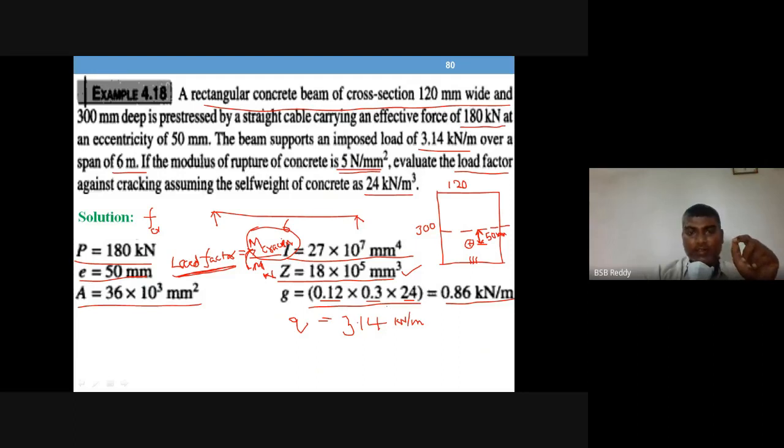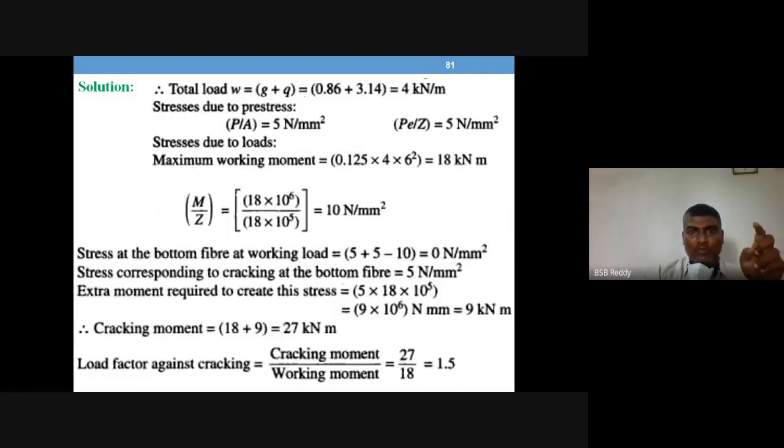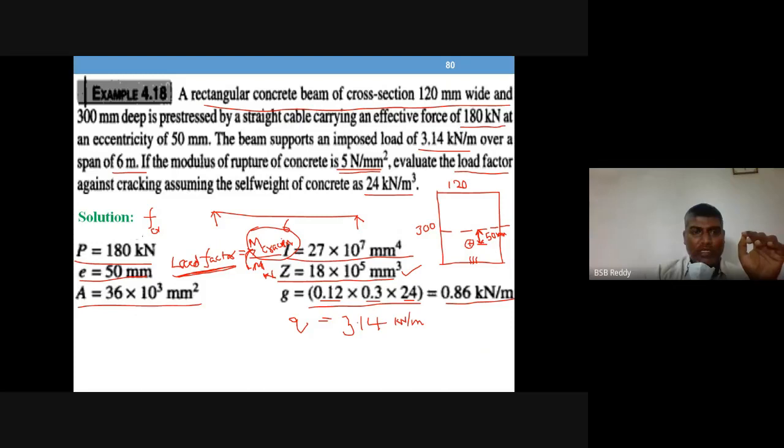Okay, right. So total load now 0.86 plus 3.14 is giving you 4 kilonewton per meter as the total load. Now stresses due to pre-stress is P by A. What is P? 180 divided by area 36 into 10 cube, that you do.